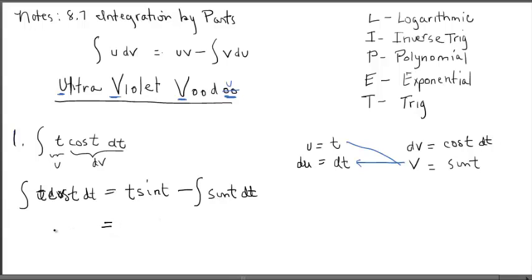So my final answer, for the integral of t cosine t dt: the antiderivative of sine t goes back to negative cosine, so if you bring in a negative and pull out a negative, that becomes plus, and this gets replaced with cosine t. That's an indefinite integral, so I'm going to add a constant of integration.